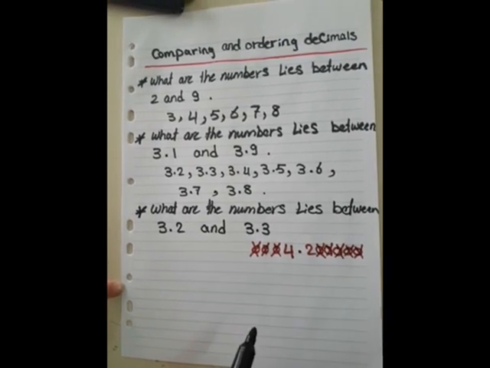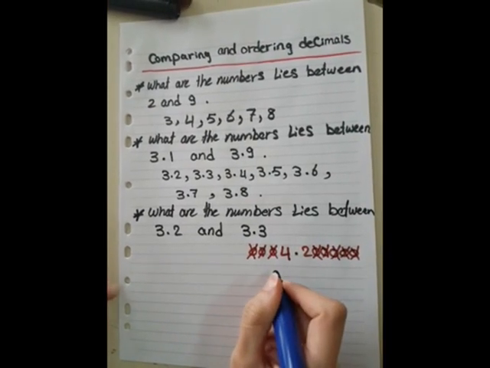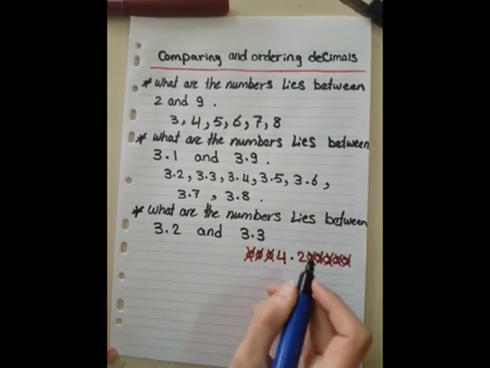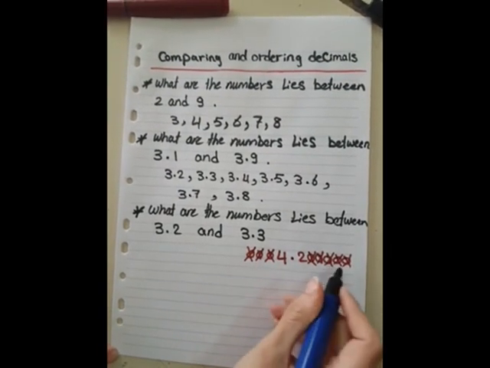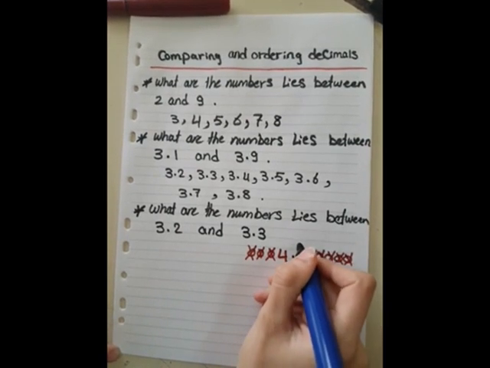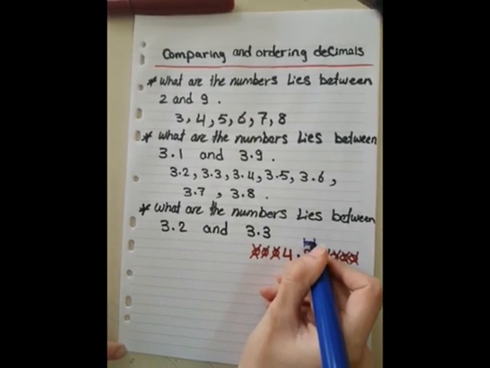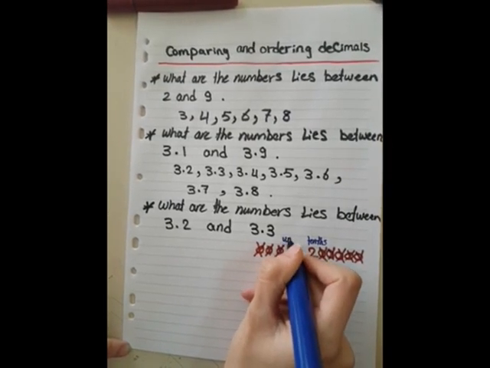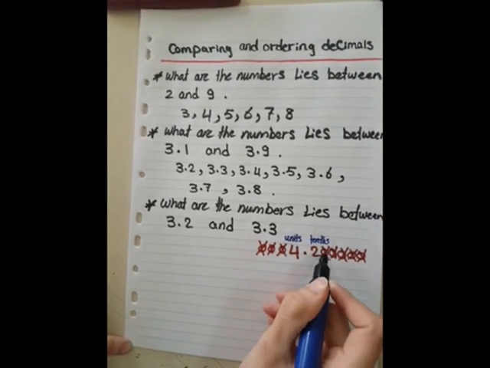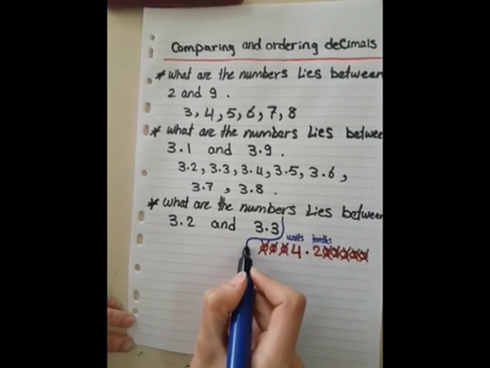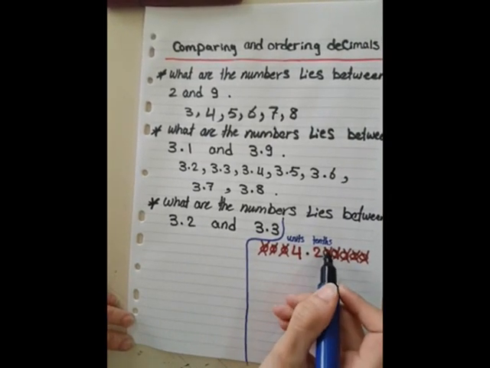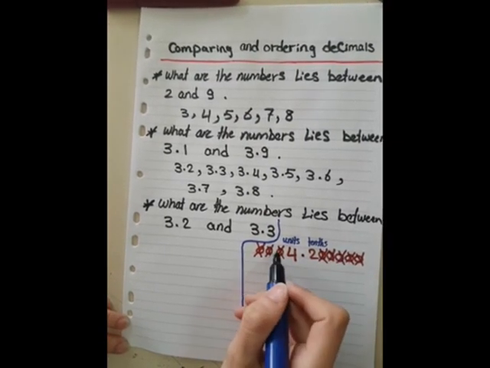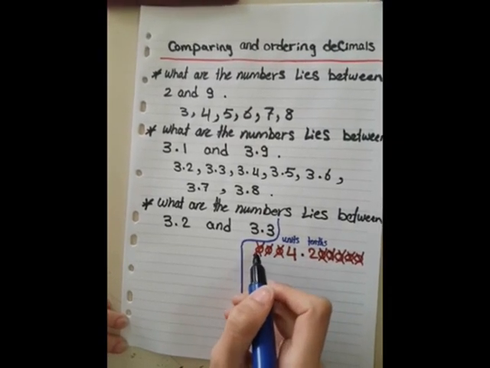How? Here, what are the place values of these digits? Here the 2 is considered the tenths. Of course, this one is going to be the decimal point and this one the units. What about the next zeros? This one is the hundredths, this one thousandths, this one ten-thousandths, and this one tens, hundreds, thousands, and so on.